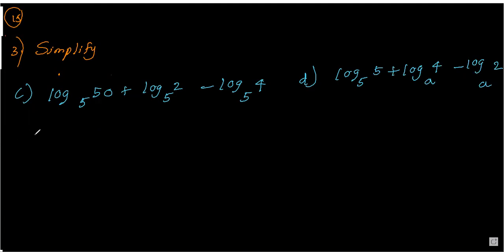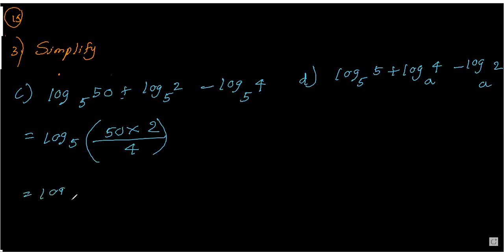I think you can do it alone. You can do log 5 of 50 because addition means multiplication, and minus log 5 base 4 means divide by 4.